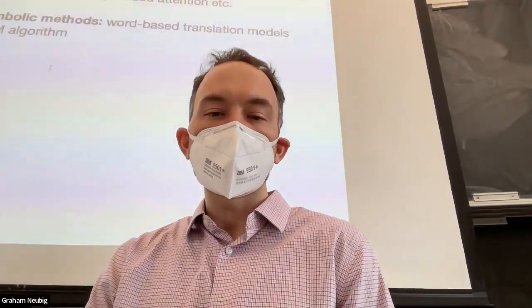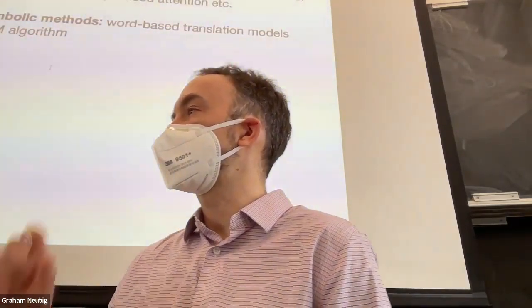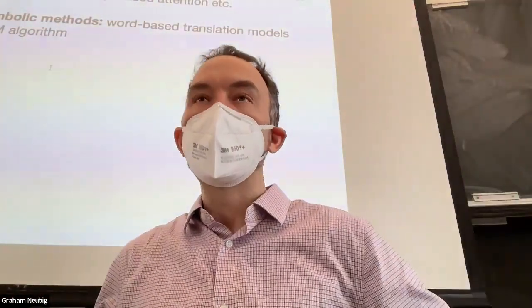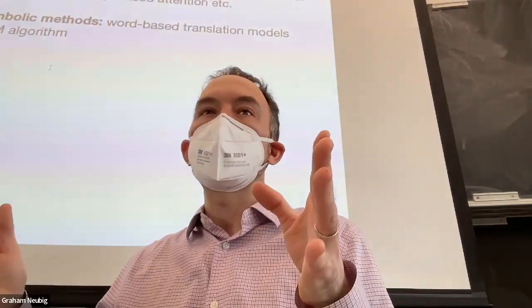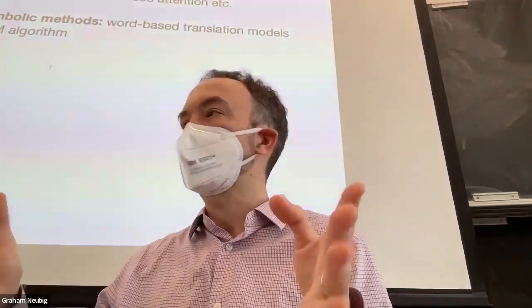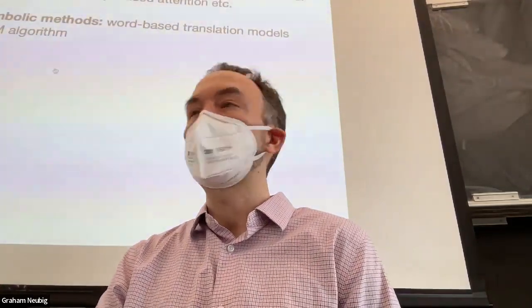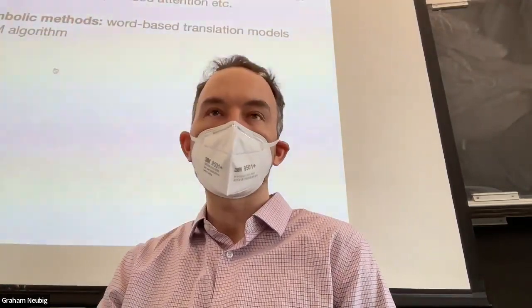And in order to do this, they need to use a tool called word alignment. And what word alignment does is it essentially takes in two parallel corpora, and you want to find which words align to each other in the source and target sentences. And this is useful for a number of reasons. It's useful for analysis. It's useful for cross-lingual transfer learning.